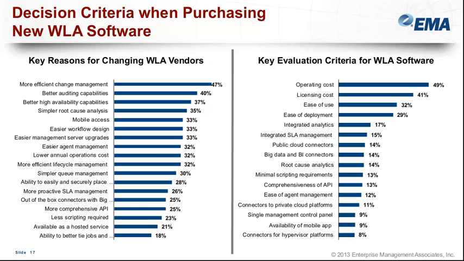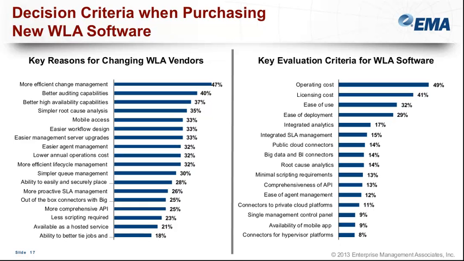And it starts with change management, all the way at the top, right above better auditing capabilities, and both of those reasons really go hand in hand, and they are a response to this constantly rising pressure that you get from developers and from the business unit to give them what they need quicker. And number three, we have high availability, which is interesting because it's not exactly something modern that we would have expected to rank that high.